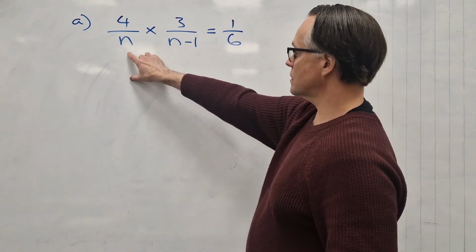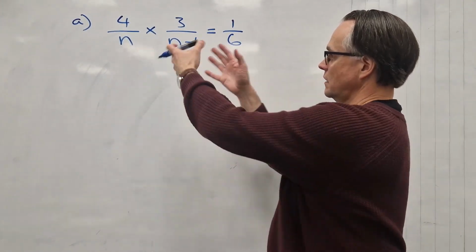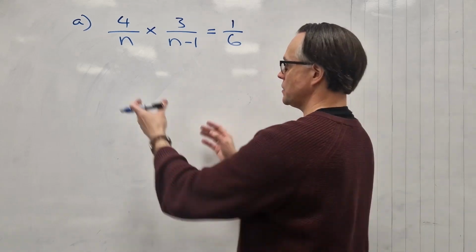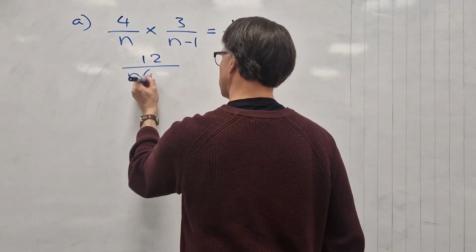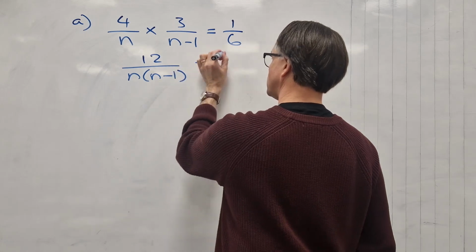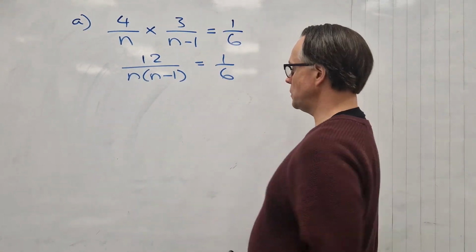Now the thing about having a fraction times by a fraction is that it kind of behaves like one fraction. We can just times them together, and we end up with that. And if we've got a fraction equal to a fraction, we can cross multiply.